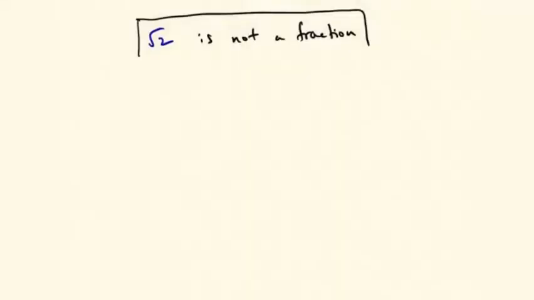There is no fraction which can be used to express the square root of 2 exactly. The square root of 2 is not a fraction. Okay, now I'm going to try and explain why this is the case. Now in mathematics, proofs or demonstrations are a little bit like criminal investigations. It's typical to make some kind of supposition and see if it leads to nonsense or a contradiction.